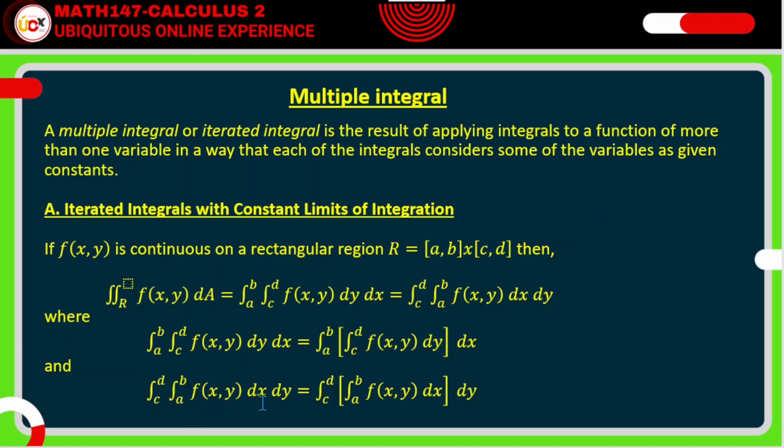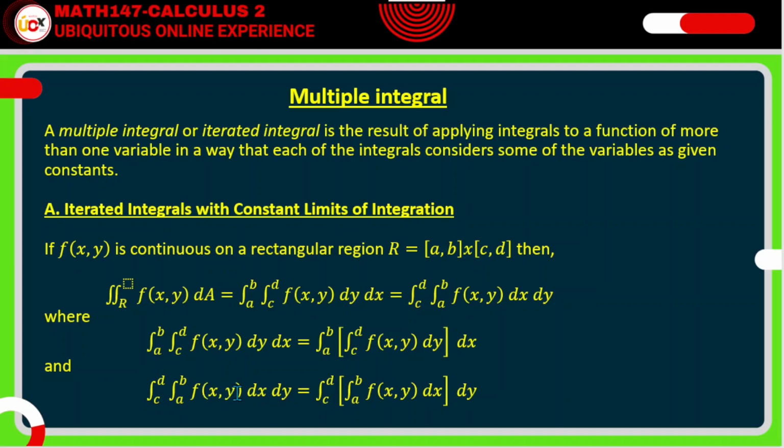Similarly, using the second definition of the multiple integral, wherein you have the double integral of f of xy dx dy, where x is from a to b and y is from c to d, since the order of integration is dx first followed by dy, this indicates that we have to evaluate the integral of this function first with respect to x and then second with respect to y.